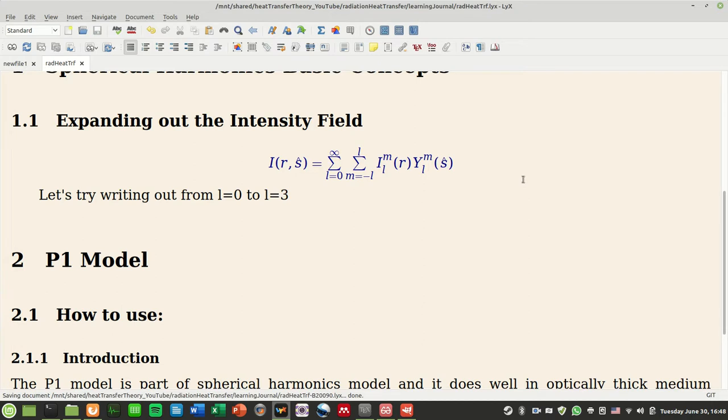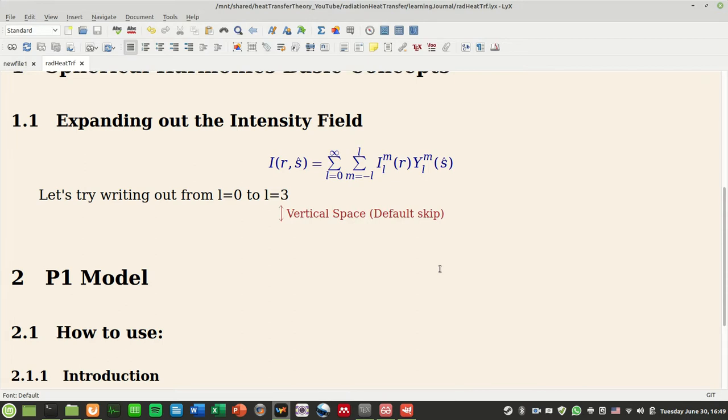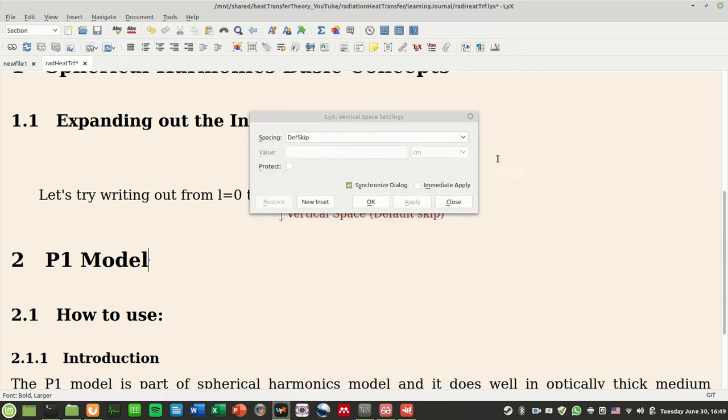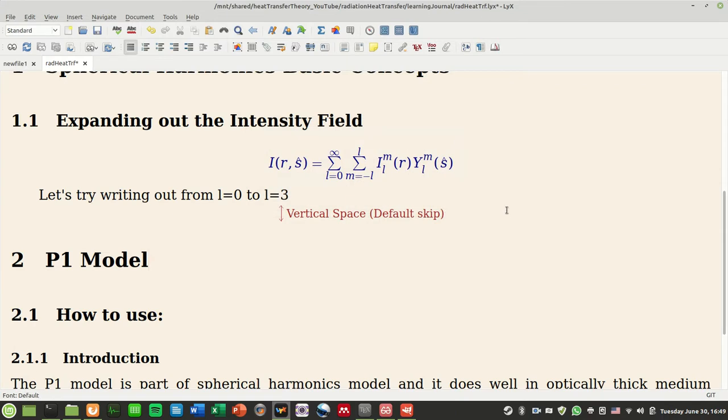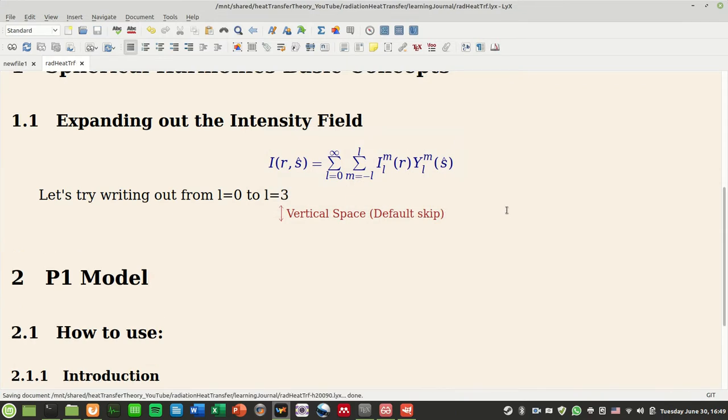Let's see whether we can insert a vertical space here in LaTeX, so that in the document it looks a little bit nicer. I'm going to export as a LaTeX document, so you won't see that. But anyway, let's expand now.